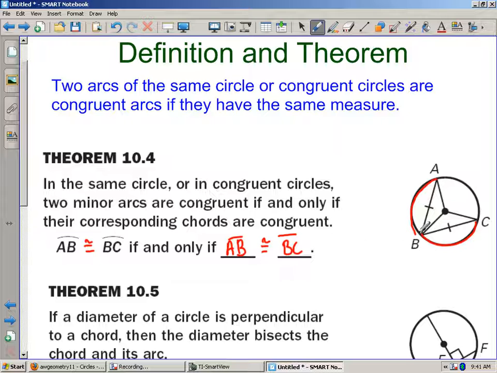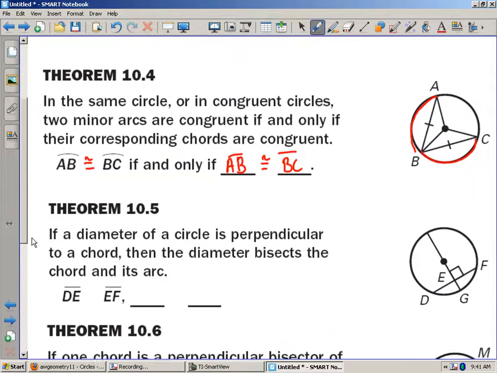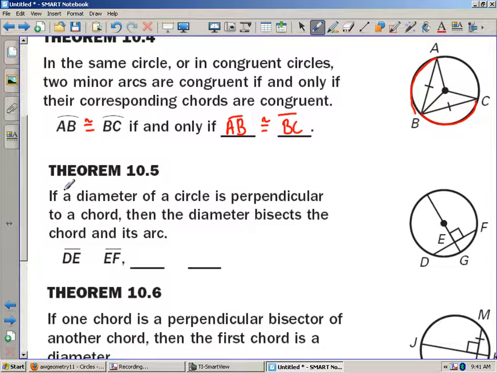And then this next one is talking about the diameter, and it says if the diameter of a circle is perpendicular to a chord, then the diameter bisects the chord and its arc. You'll notice here's my diameter that is perpendicular to the chord DF. The first thing I would say is that the diameter and DF are perpendicular. Then I know that this not only bisects the arcs, but it also bisects the chords.